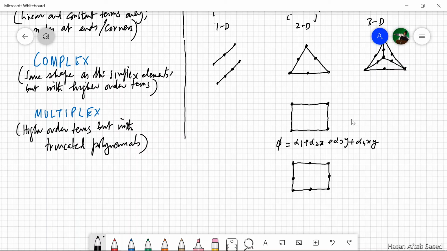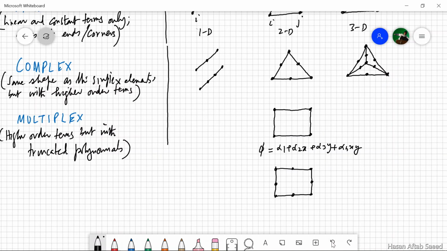But the nodes available here are 8 only. So because of the mismatch, again for this kind of an element, you'll have to truncate the polynomial at the appropriate place.